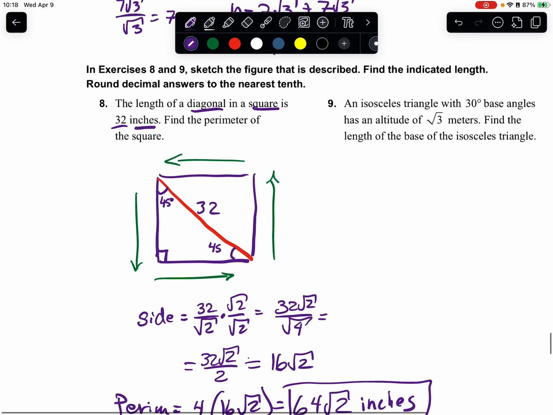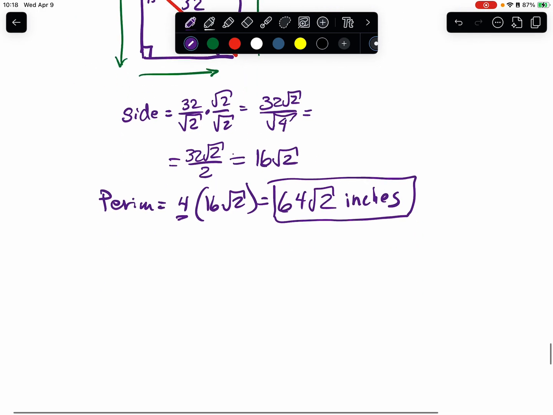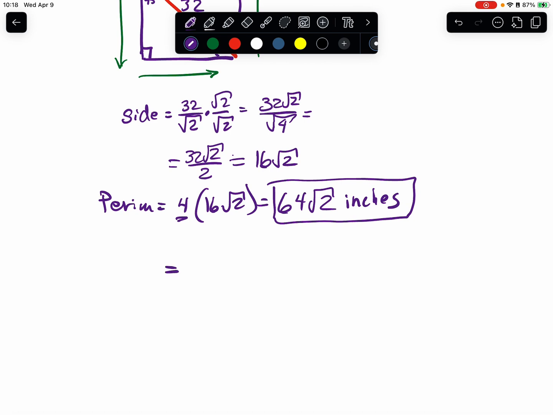Let's see, does it say to round? Round answers to the nearest tenth. So 64 times radical 2. It's the worst part of the problem for me, just doing this little calculation that I don't think is necessary, but the book wants me to, so we'll do it. 90.5 inches.